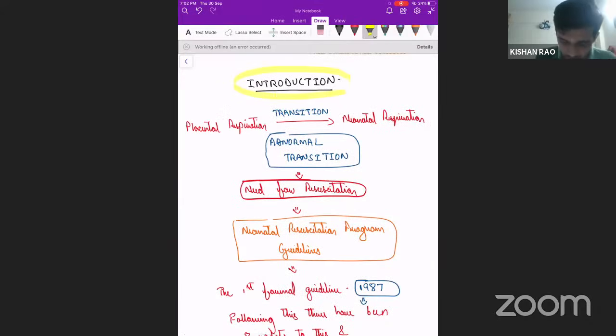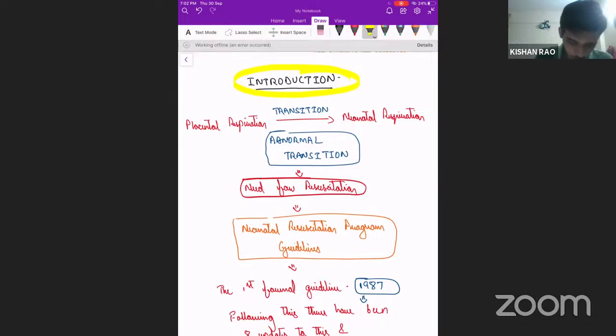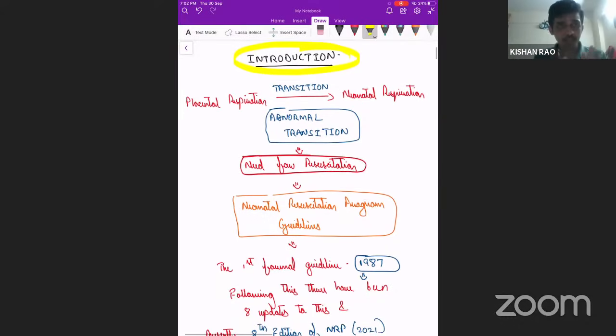Firstly, coming to the introduction, we'll read what is the need for neonatal resuscitation. As we all know, as soon as a baby is born, there is a transition occurring. Initially the baby inside the mother's womb, the fetus, gets most of its blood supply from the placenta, so it is basically placental respiration that is responsible.